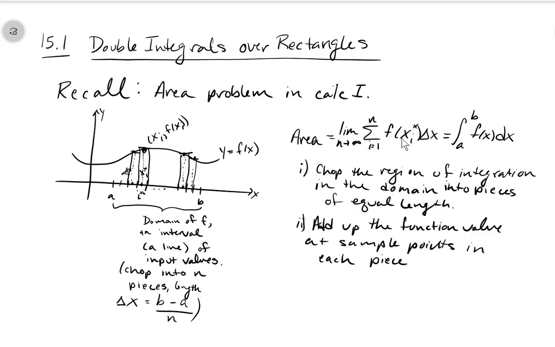That's the function value at the sample point times the length of each piece, delta x. That gave us the area under the curve over this ith interval. Add those all up, and you get the approximate area over the entire curve from A to B.